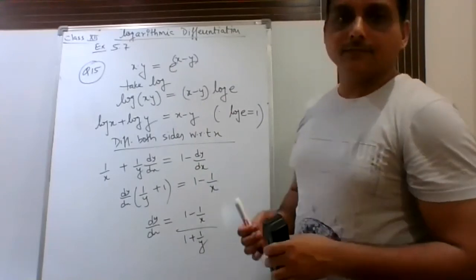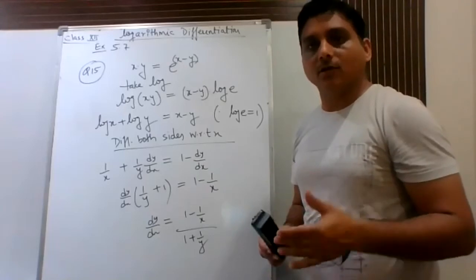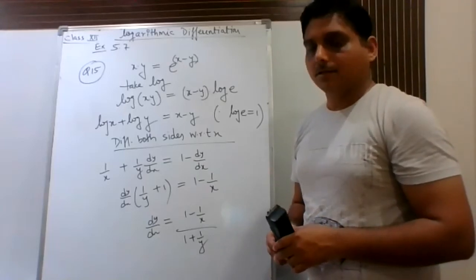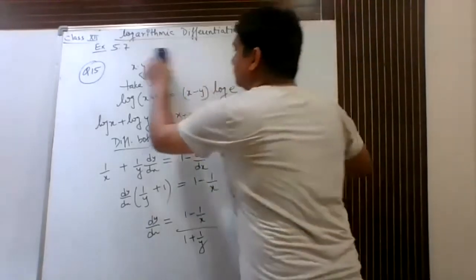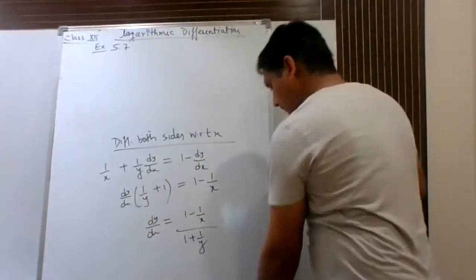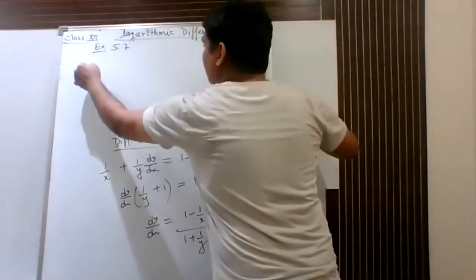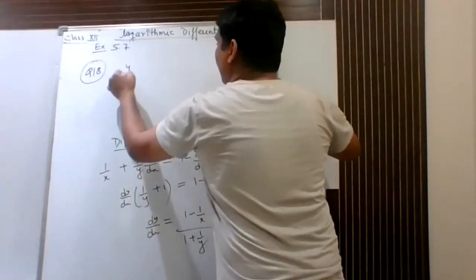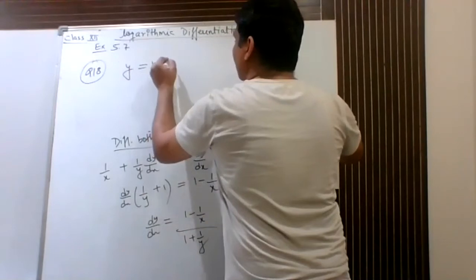So after this, we are going to discuss question number 18 of the exercise. So here y is given as u into v into w.